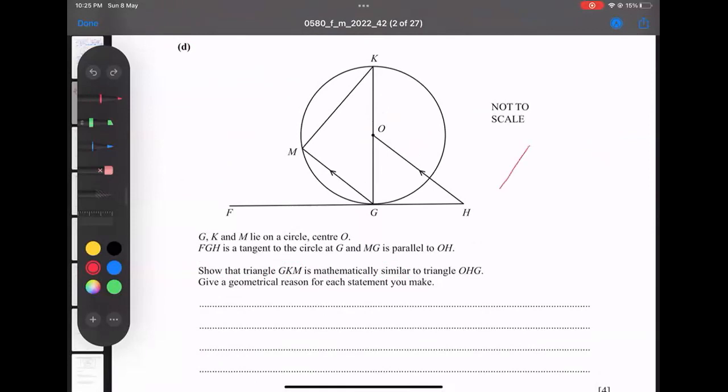If I want to prove that this triangle, the bigger one, and this smaller triangle are similar, if I convince that this angle equals this, and this angle equals this, automatically the third angle will be equal. For similarity, three angles must be equal, and if two angles are equal, automatically the third angle is equal.